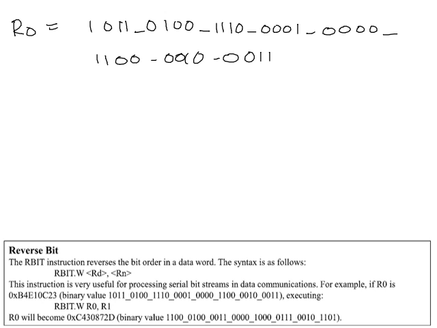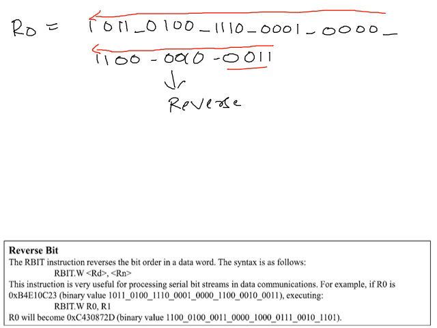It takes the bits in the reverse way, starting from the end to the start. So first it will start with 1100, as you can see here, where the actual value ends with 0011. This gets reversed, and it continues.